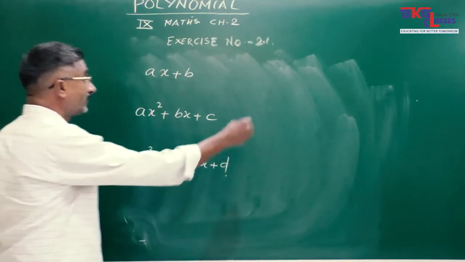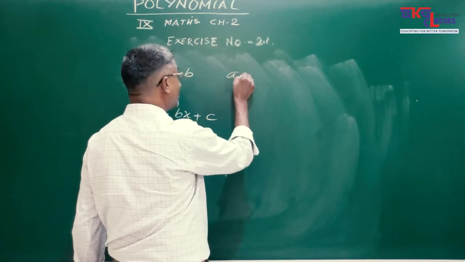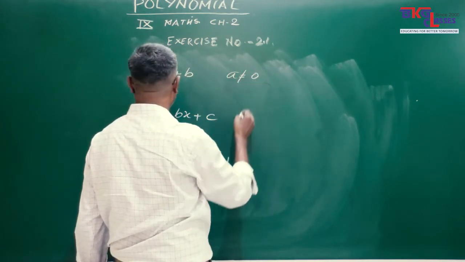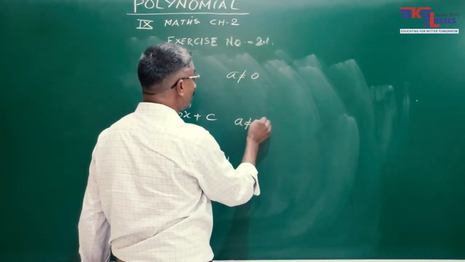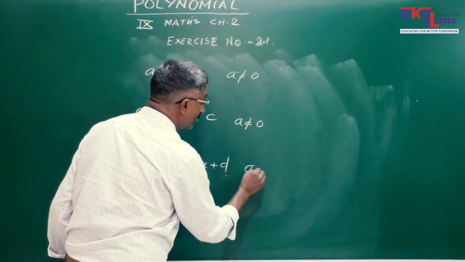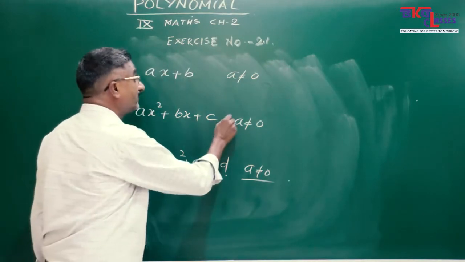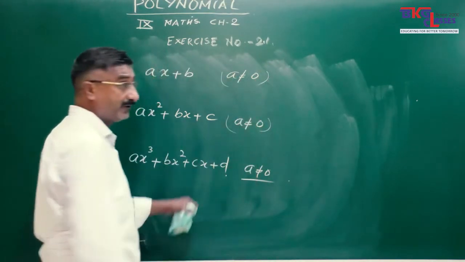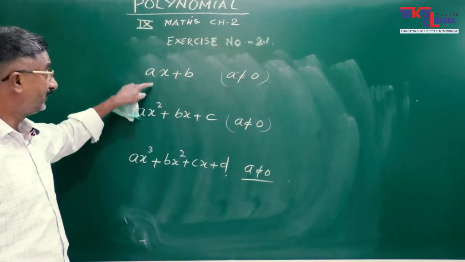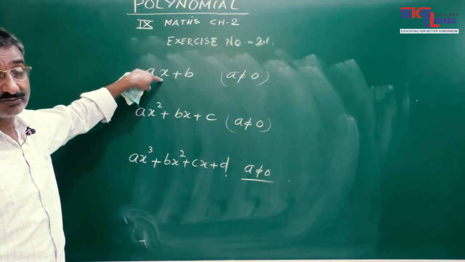Here in this case a should not be equal to 0, here also a should not be equal to 0, here also a should not be equal to 0. This is the condition, because if a becomes 0, what will happen? x multiplied by 0 will be cancelled.